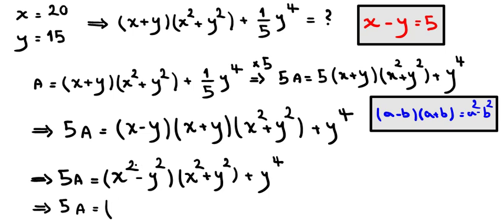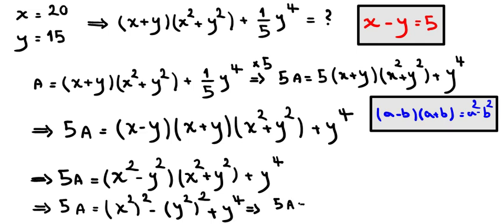Again we have a plus b. That means x power 2 plus y power 2 minus, y power 2 power 2, plus y power 4, and we have x power 4 minus y power 4 plus y power 4, and we know y power 4 minus y power 4 will be 0, and we have 5 times a equals x power 4.